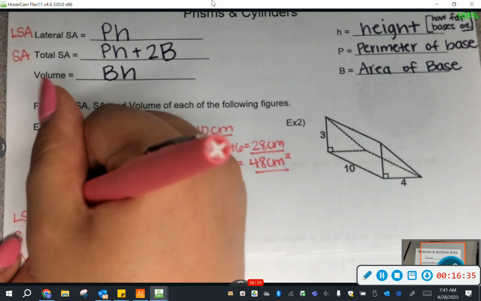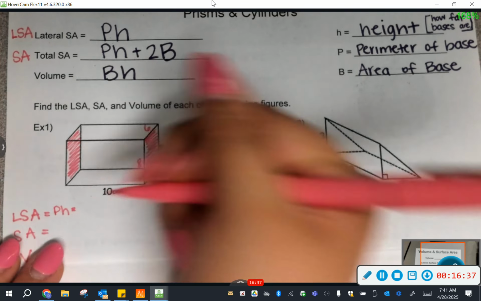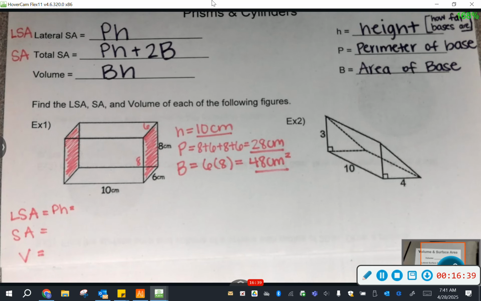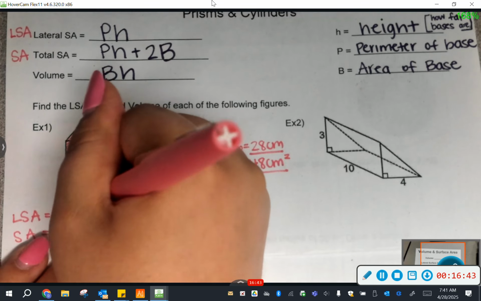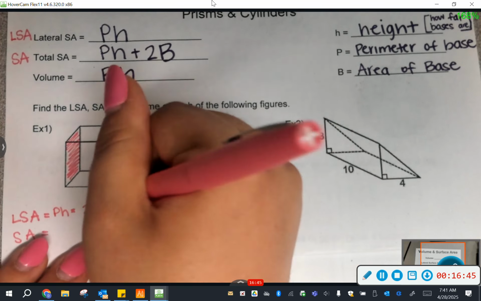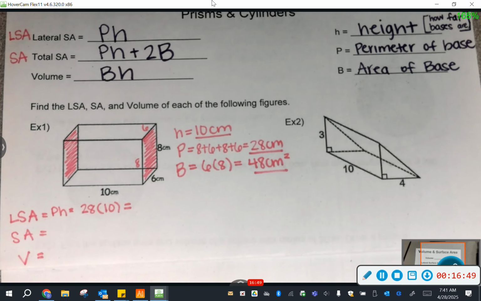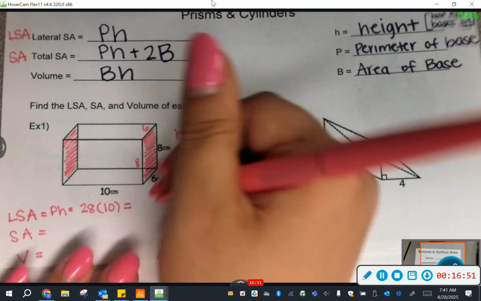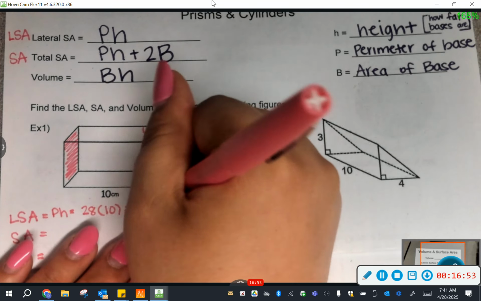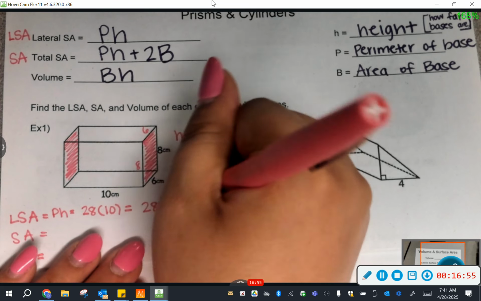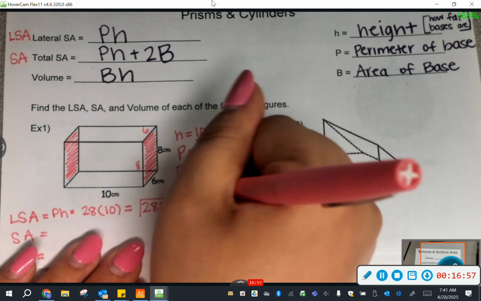Lateral surface area is pH. What is my P? 28. What is my H? 10. And what is 28 times 10? 280. And it's area, so it's going to be centimeters squared is my answer.